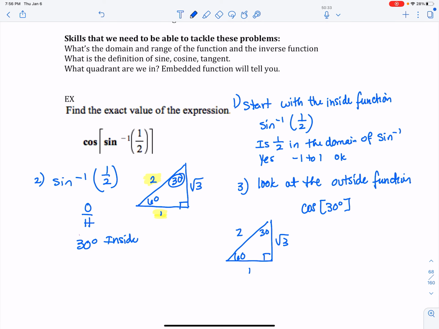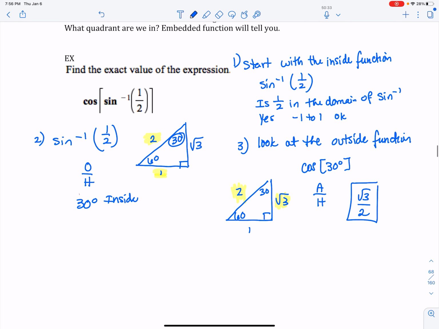If you're going to rely on the unit circle, just find 30 degrees and look up the cosine value. Remember, cosine, if you're using a triangle, is adjacent over hypotenuse. So the adjacent side to 30 degrees is radical 3, and the hypotenuse is 2. So the answer to this is going to be radical 3 over 2.